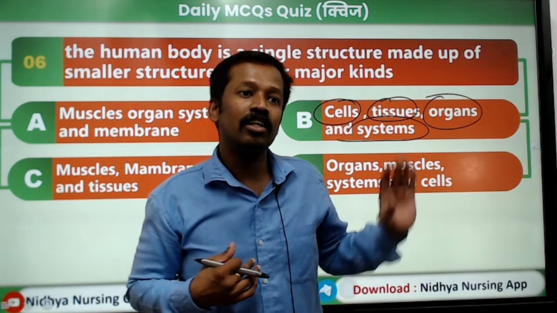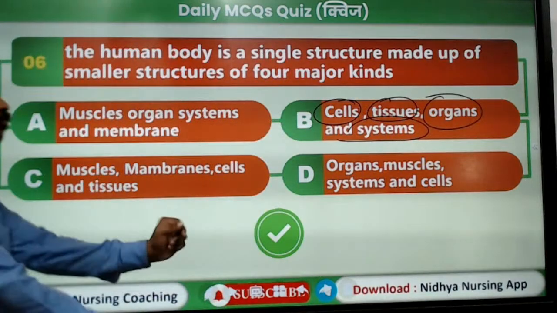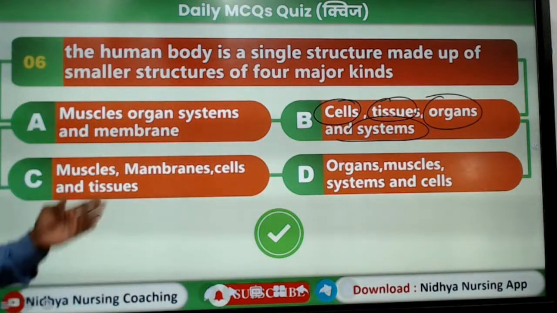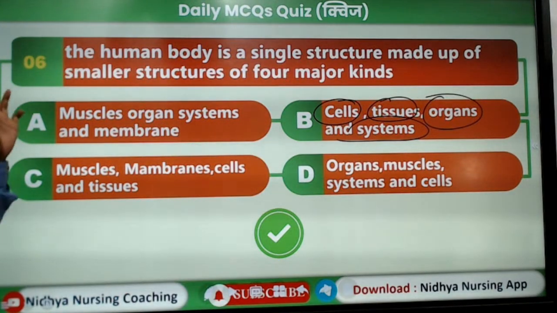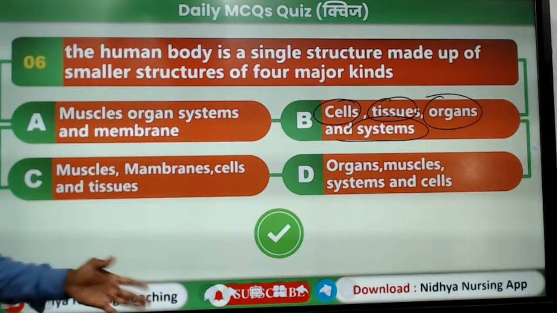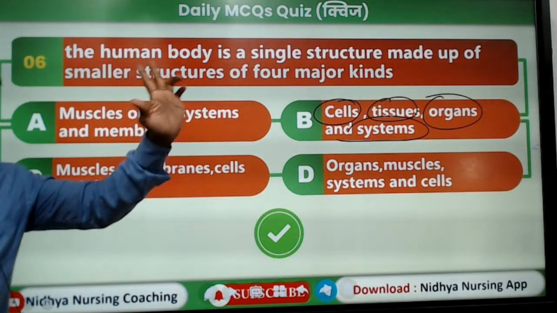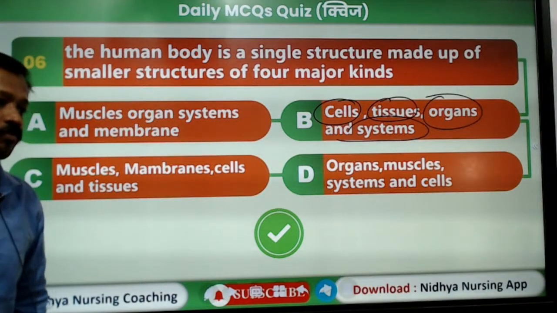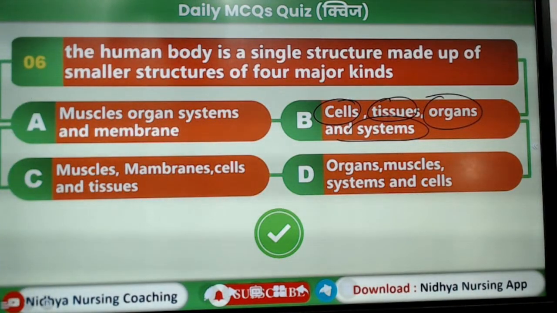Got it? So what is the answer? The human body is a single structure made up of smaller structures of four major kinds. Cell becomes tissue, tissue becomes organ, and organ becomes system. Got it? Okay, fine.